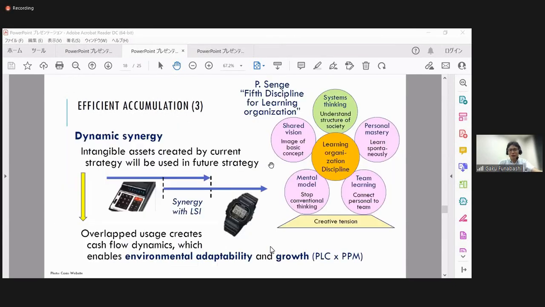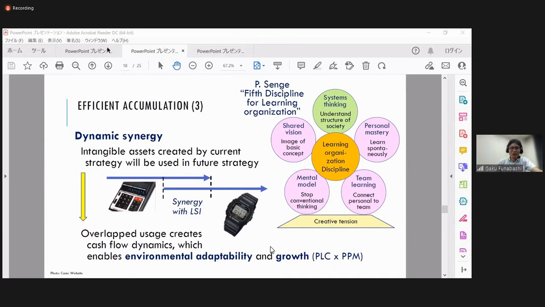And also, when we talk about the product life cycle, for example, what kind of stages there are in the product life cycle. Try to remember those. I don't ask you what the product life cycle is, but at least you need to remember what kind of stages there are in the product life cycle. Okay? And that is the same for PPM or other concepts.